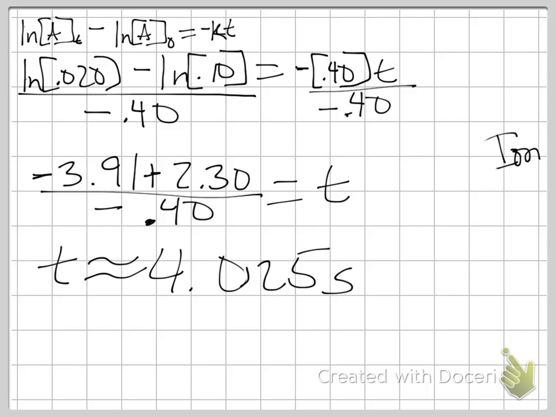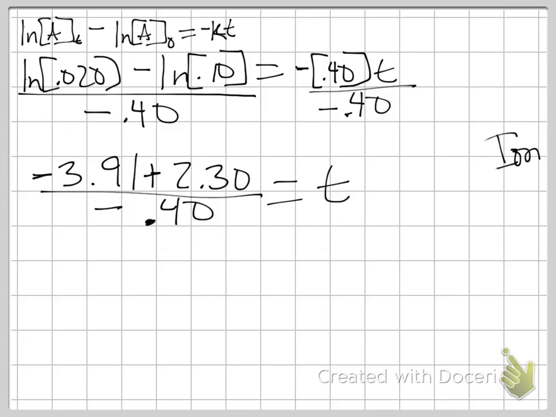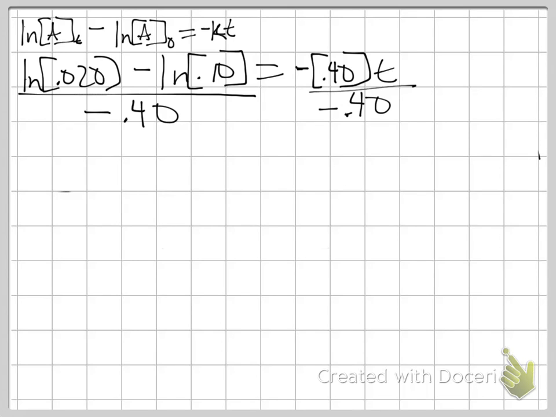Now, the last step asks you to look at the graph that's given to you. I want to make sure we have the space, so I'm going to go ahead and erase this stuff so we can get all of it in there. If we're looking at our original data, our original graph, you're going to notice that we're starting here.